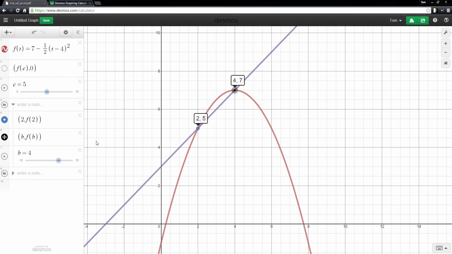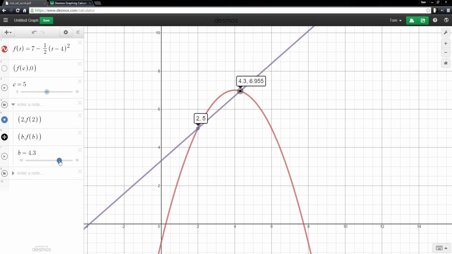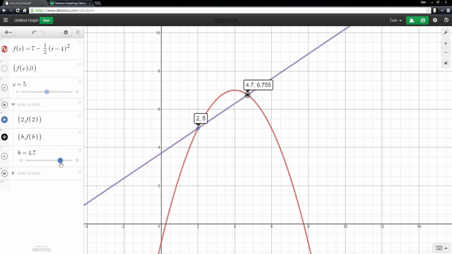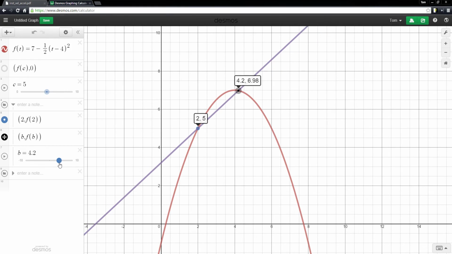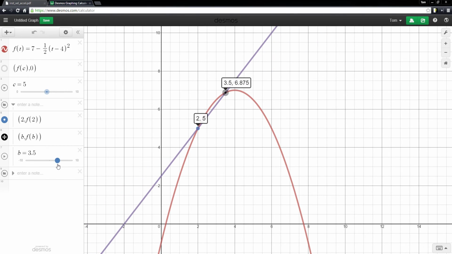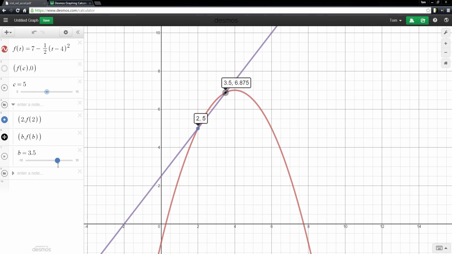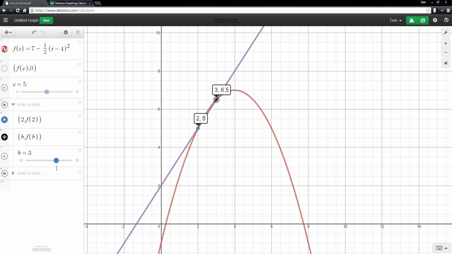So what we're going to do is take the average velocity, say maybe over here, and then take the average velocity over shorter and shorter time periods starting at 2. So maybe not from 2 to 4, but 2 to 3.5. And maybe we would get an even better value from 2 to 3.